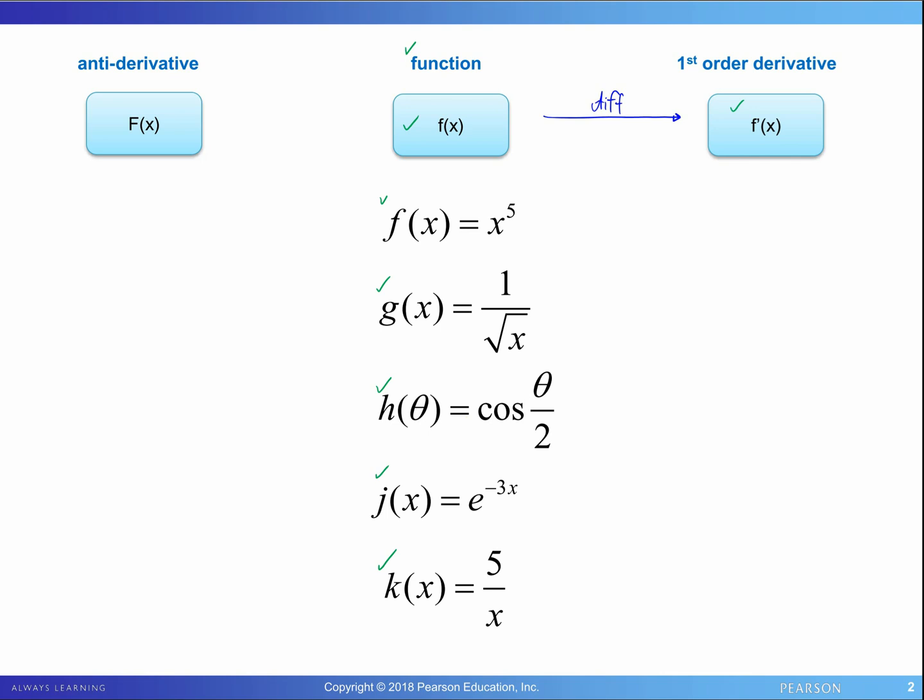If I continue to diff f prime of x, I get f double prime of x, which is the second order derivative of f of x. You can keep doing that. Keep differentiating again and again to get higher order derivatives.